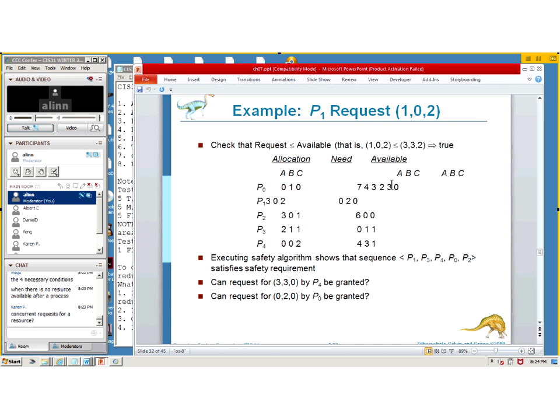Well, think about programmers. First of all, they're good, but are they that good that they're going to be able to figure out that your program is going to need that many resources? There's a lot of problems with this. You've got to know all the types. You've got to know the maximum each one's going to require.